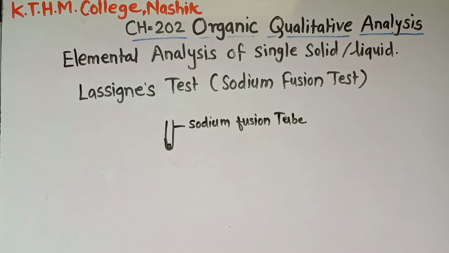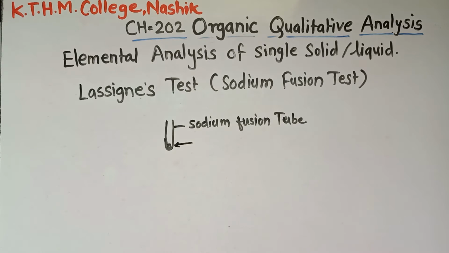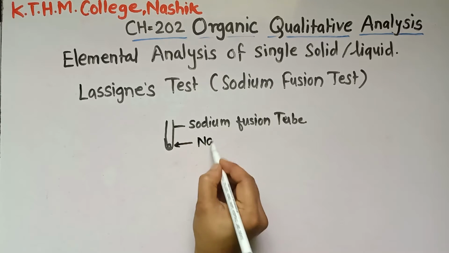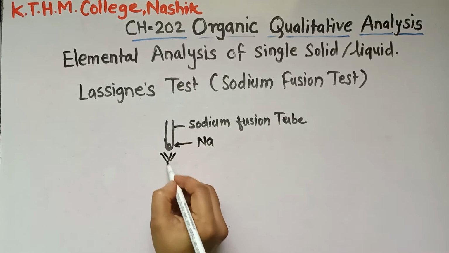Sodium metal is generally stored in kerosene because it is hygroscopic in nature. When it comes in contact with moisture, it immediately catches fire. To avoid that, we store the sodium in kerosene. So we take a piece of sodium from the kerosene, dry that piece, make it small and put it into the sodium fusion tube. Then we heat this tube on a burner.